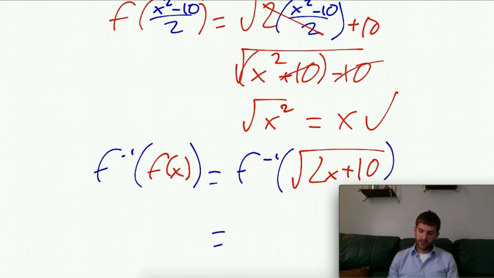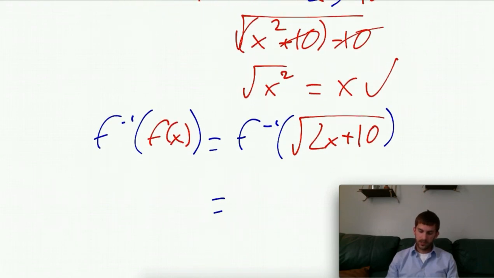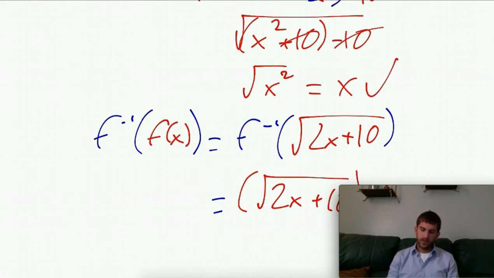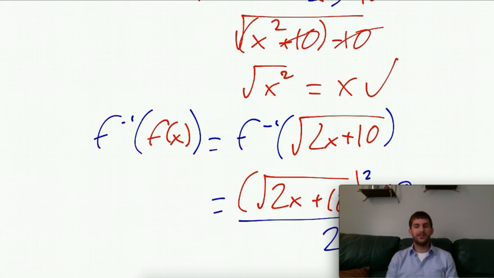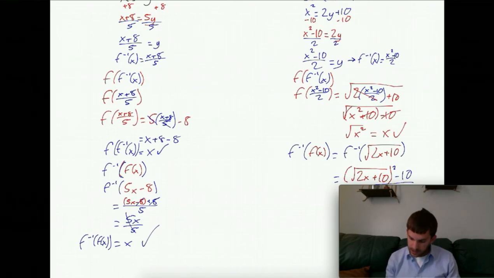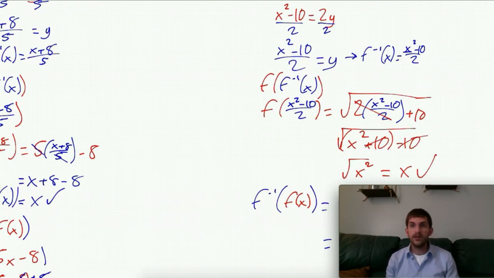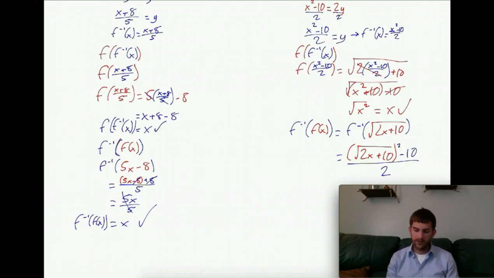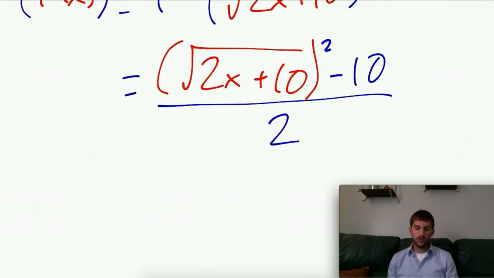So when we plug that into function f inverse, it'll be square root of 2x plus 10, squared, minus 10, all that divided by 2. So we're replacing specifically this x up here, in that x squared, with the whole f of x function. So going through this, when we square a square root, we're left with just what's inside.